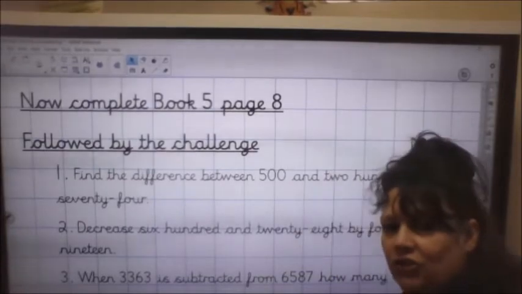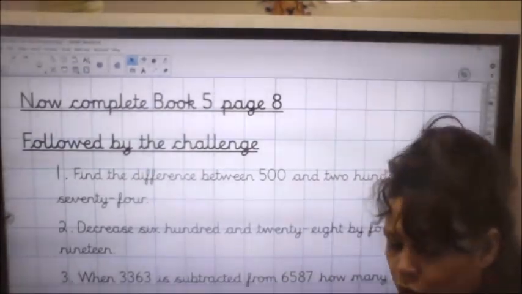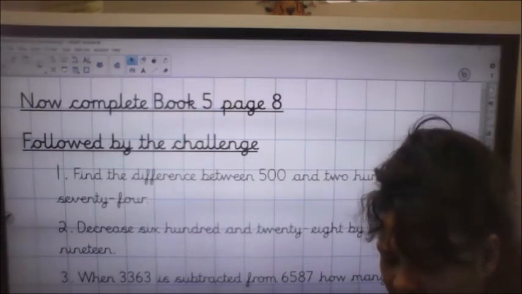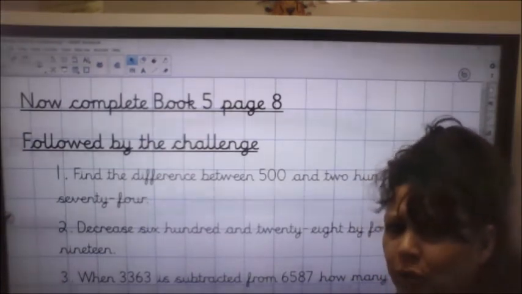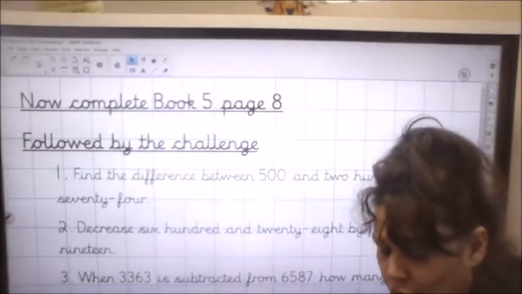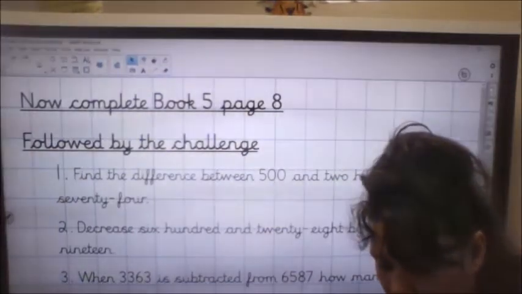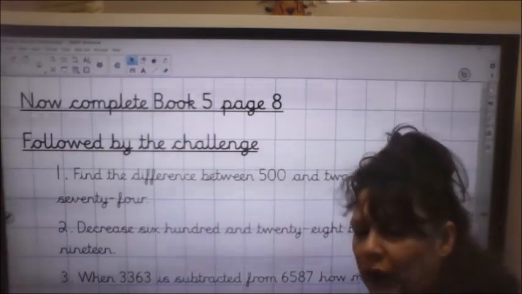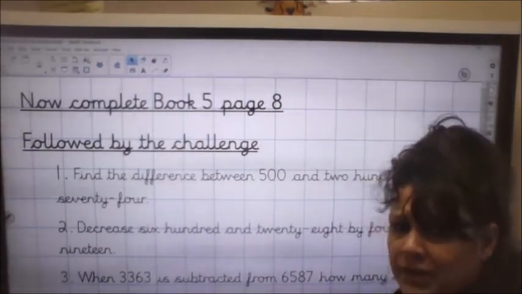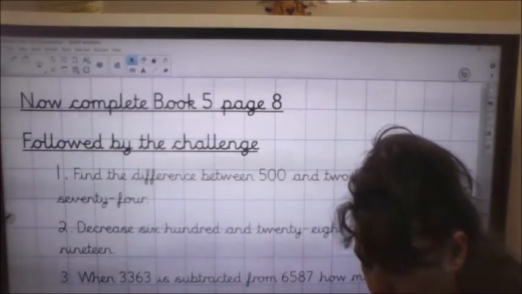And you are going to need to use a number line for question 1. Question 2 says, do it in your head, but I don't want you to. I want you to use a number line. So question 1 and 2, you're using a number line. You're also going to do question 3, which is column subtraction, which is the other method that you can use.